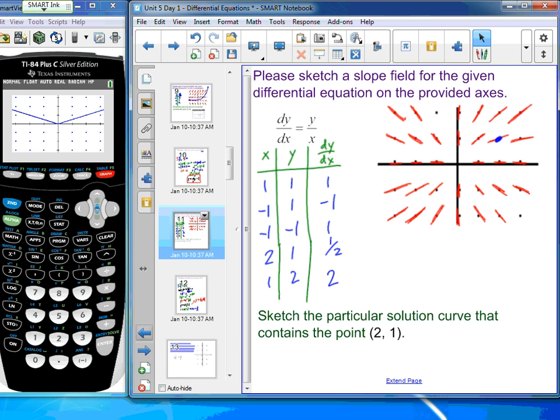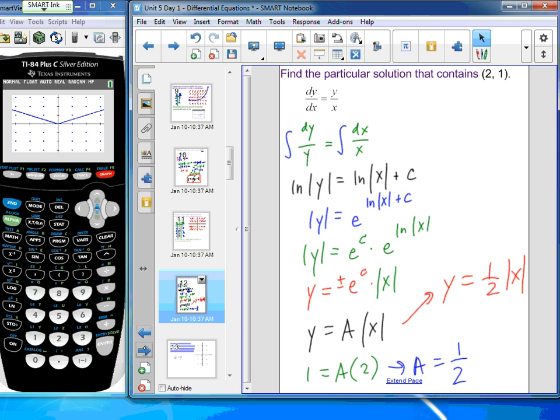What's the value of the derivative of this function at (0, 0), at the origin? It's not 0. What's my function? Y equals 1/2 absolute value of x, right? What feature occurs at the origin (0, 0)? A corner, right? A corner.